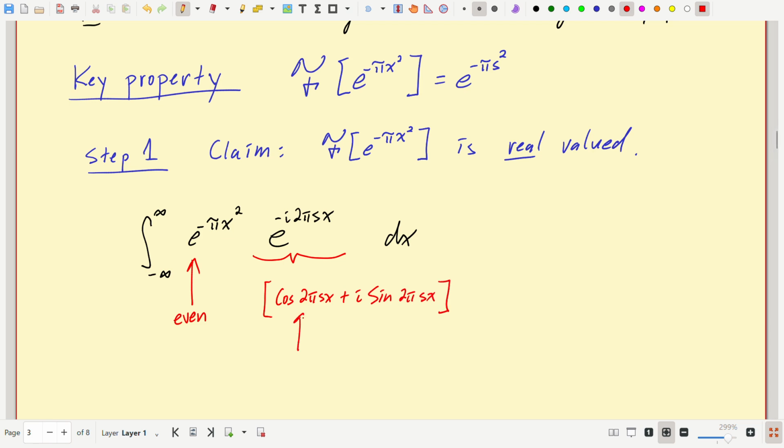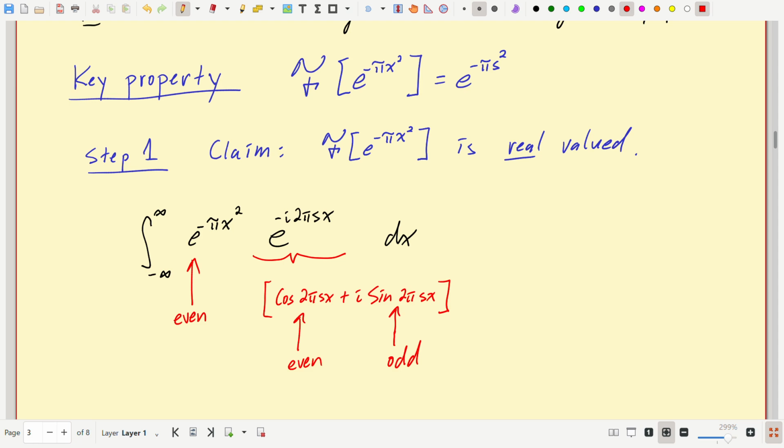And the cosine one is even, and the sine one is odd. Okay, so when I integrate the even function times the odd sine function, of course, on a symmetric interval, that's going to be 0.